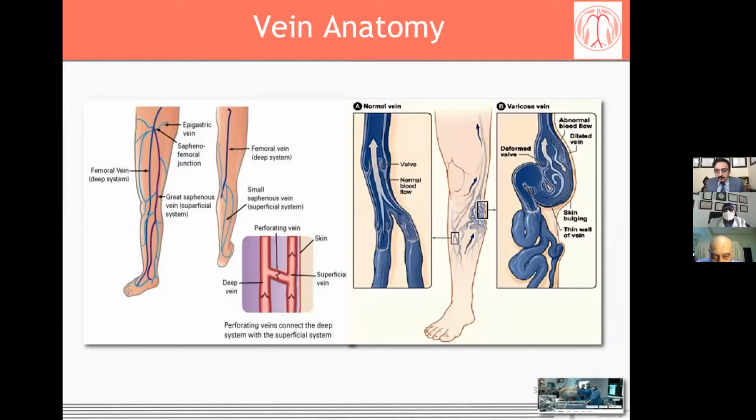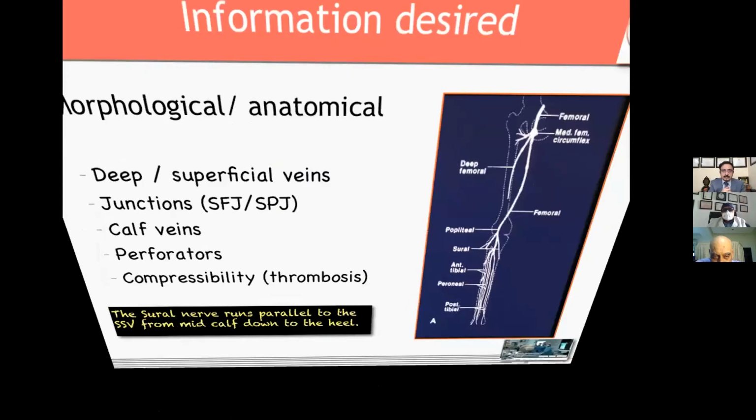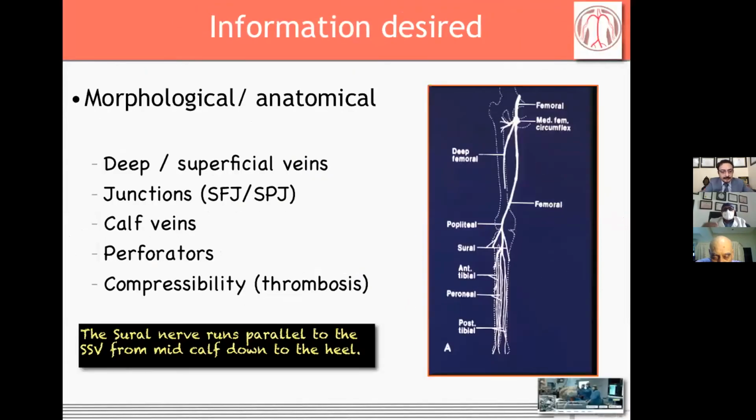Let's go ahead. The information desired, if you are a treating interventionist or somebody is relying on you, you should give in detail about the deep venous system, the superficial system, the junctional competence or incompetence, where the valves are located, the calf veins, the perforators, whether they are flowing one way or two way, or they are dilated, where there is a thrombus around, and the compressibility.